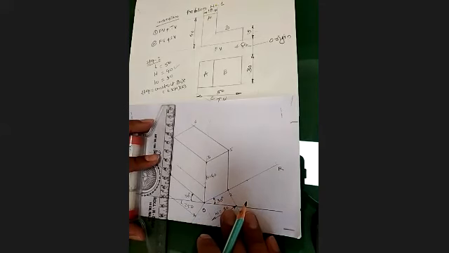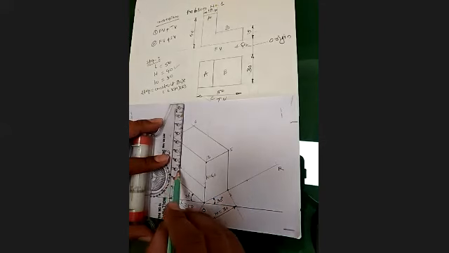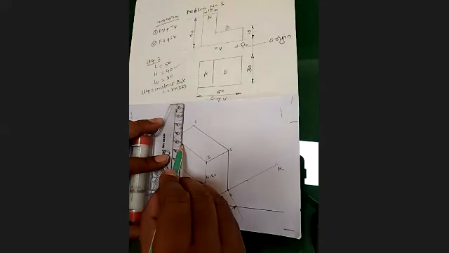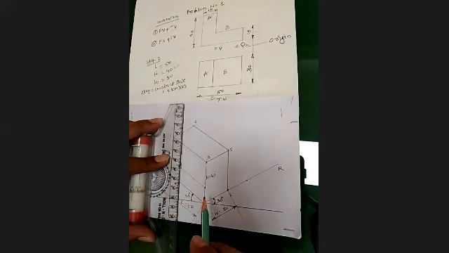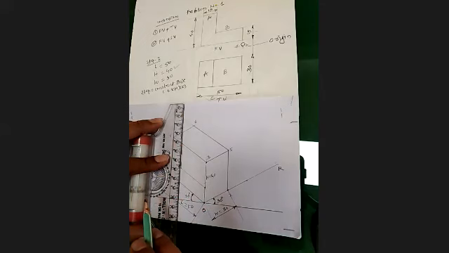From here, you do one thing: adjust it with the vertical axis and get the line passing through this point. See, vertical lines are always parallel to the vertical axis. Right direction lines are parallel to the right axis. Left side lines are parallel to the left axis.